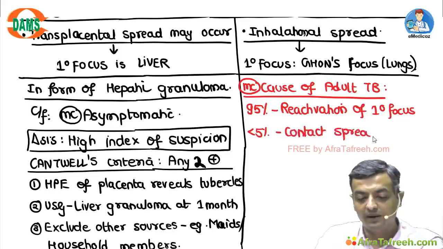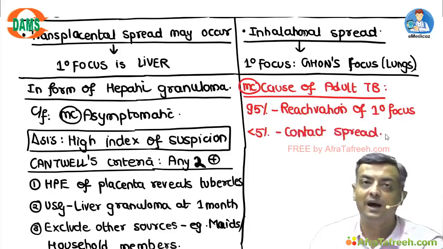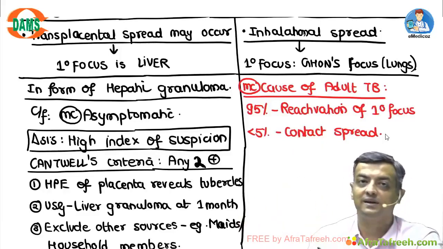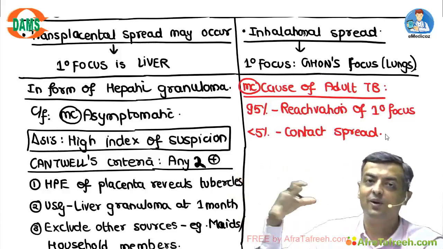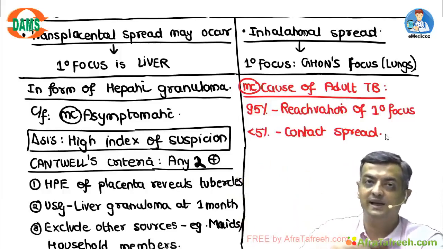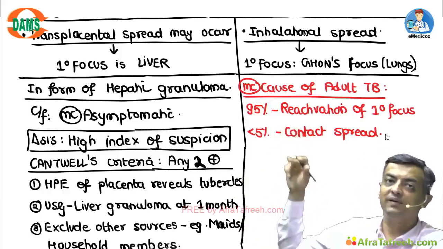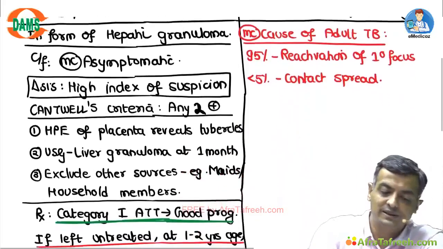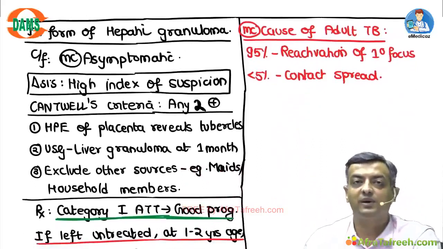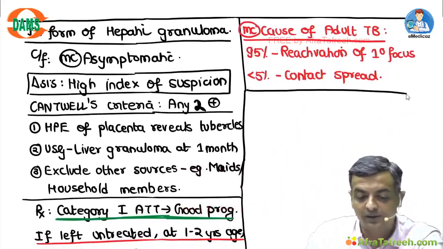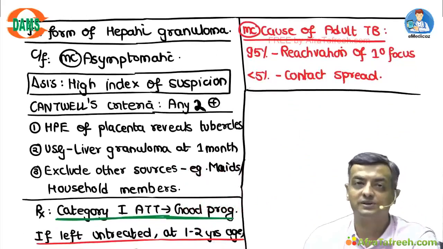So remember, most of the TB are actually not because of spreading from others. By 5 years, remember, all of us are harboring TB bacilli. If our immunity goes down, we are at risk of developing tuberculosis. So the common cause is reactivation of the primary focus.